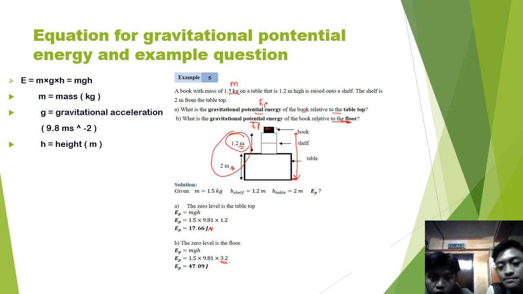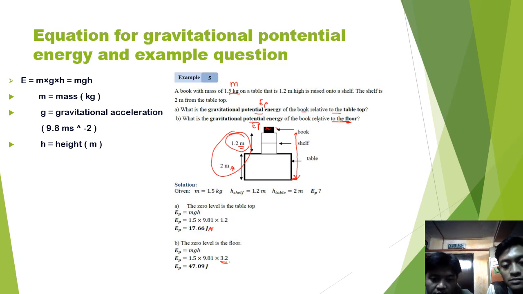For question A, the zero level is the tabletop. The formula is E equals mgh. So gravitational potential energy is 1.5 times 9.81 times 1.2.